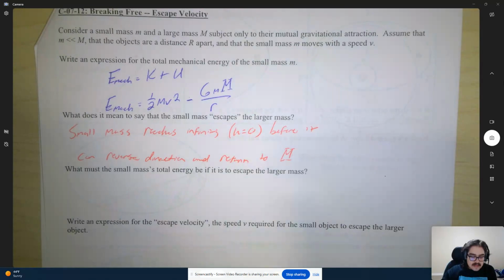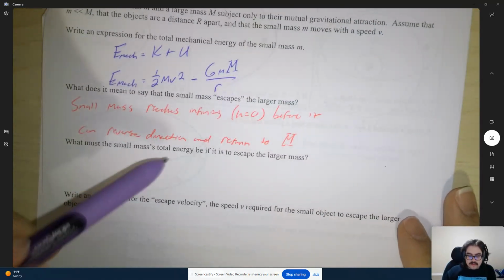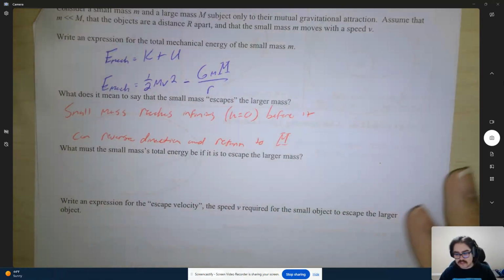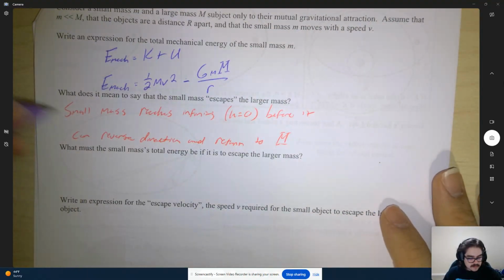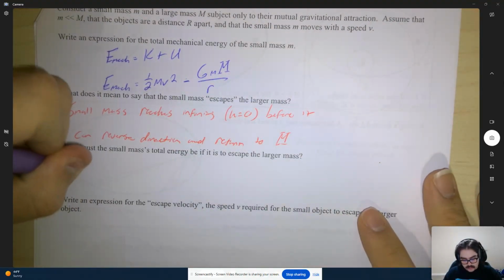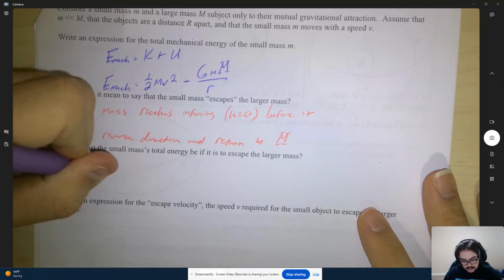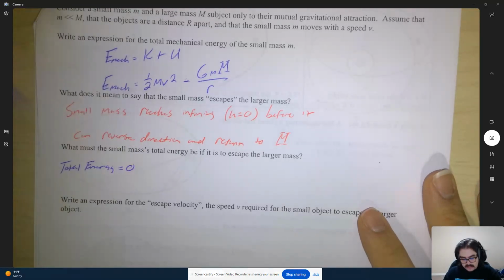This says what must the small mass's total energy be if it's to escape the larger mass. This really should say what is the minimum condition for it to do that. And the minimum condition is that the total energy would be equal to 0.